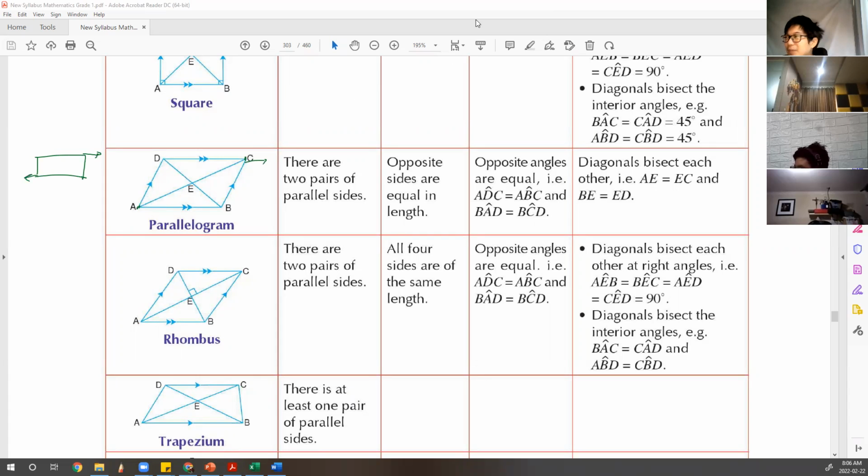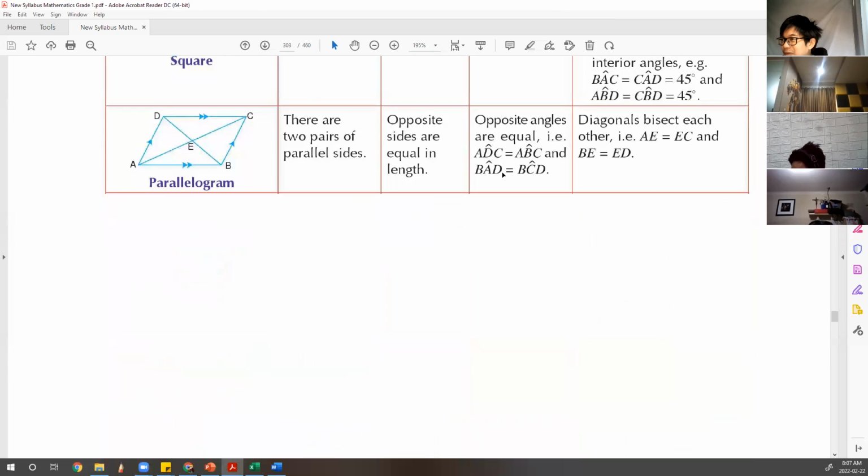Very simple. Two pairs of parallel sides, the same. So as you can see, when you compare, everything is the same.